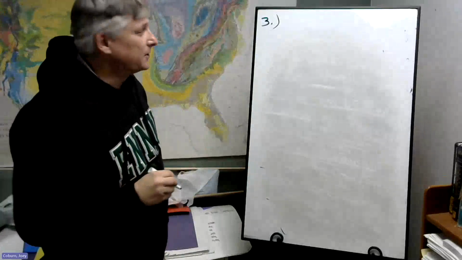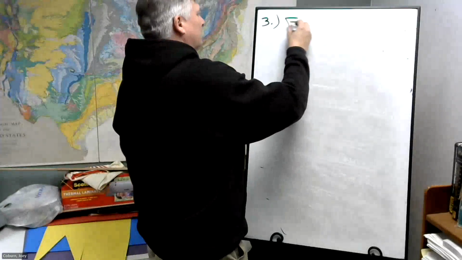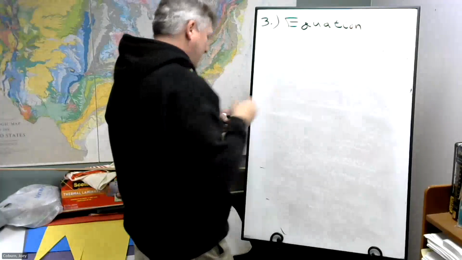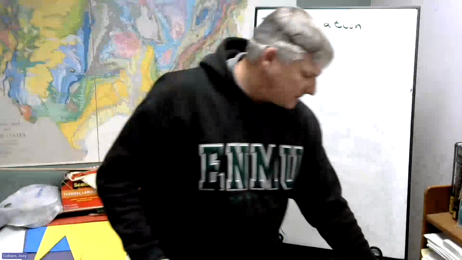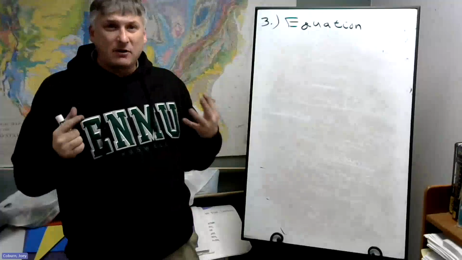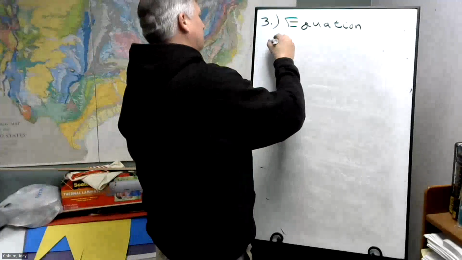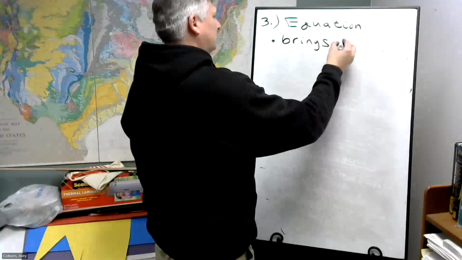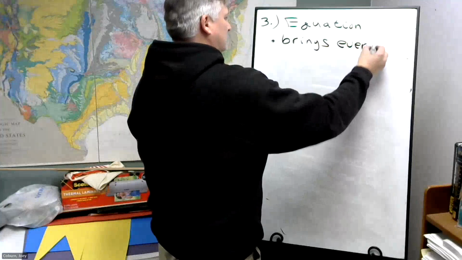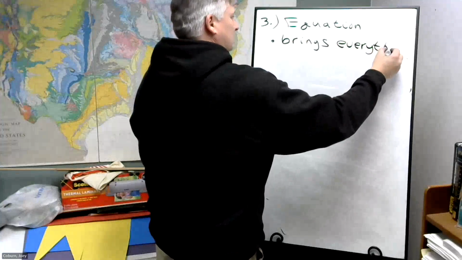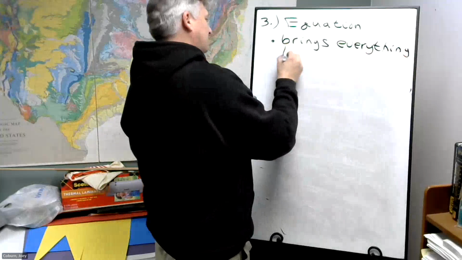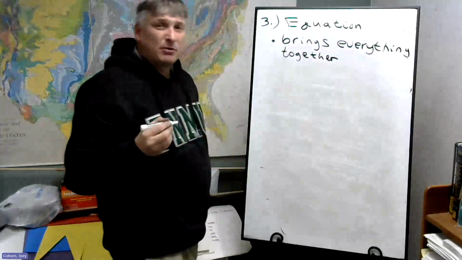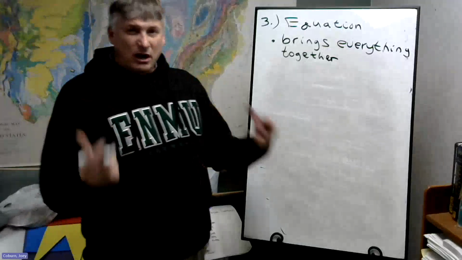Step 3 is the equation. And what we do with the equation, there's something that brings everything together, our knowns, our unknowns.